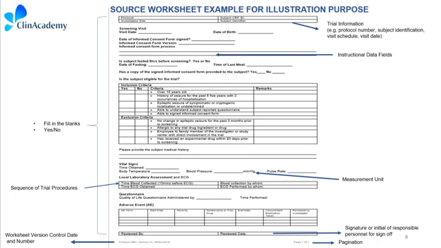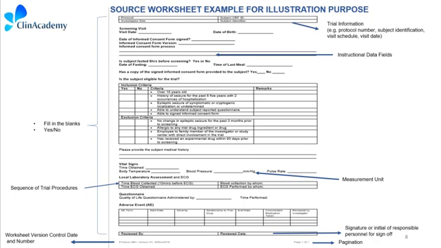Here is an example of a source worksheet created for clinical trial. It should not be an exact copy of the case report form. The source worksheet generally includes trial information, instructional data fields, which are empty fields or spaces for completion, and there will be yes or no options for the site personnel to complete.